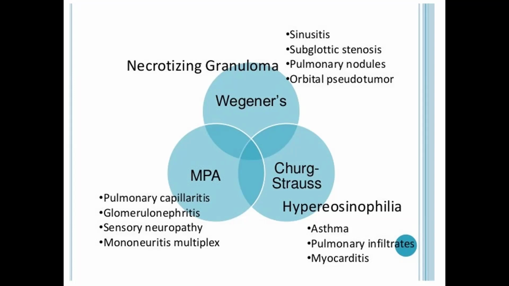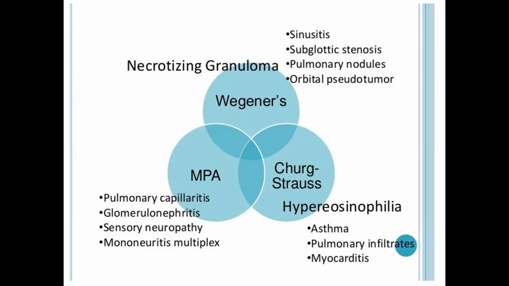Churg-Strauss by hypereosinophilia, asthma, pulmonary infiltrates, and myocarditis. MPA is characterized by pulmonary capillaritis, glomerulonephritis, sensory neuropathy, and mononeuritis multiplex. So as you see, these three diseases overlap with each other.